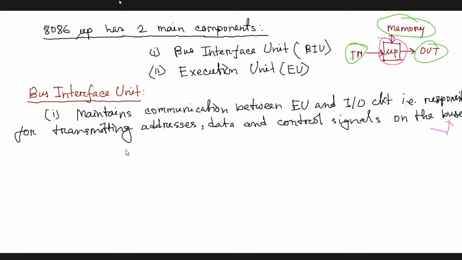What is a bus? Okay, let's write down the definition in short. A set of wires or connections connecting the CPU, memory, and IO ports, input output ports. What does the bus connect? CPU, memory, and IO ports, all connected by bus.